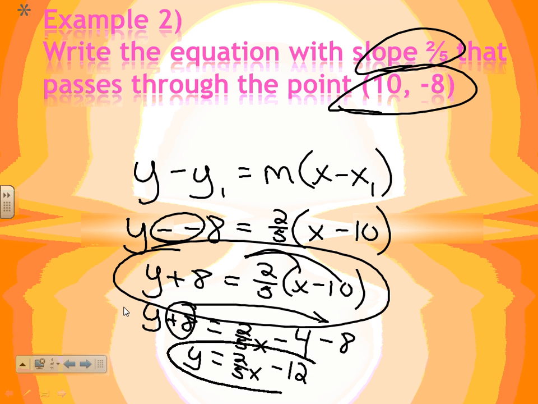Negative 12. And there you're done. Ba-boom. Okay? Any questions on that? And again, you only do that if the directions say take it to slope intercept. Slope and y-intercept. That's mx plus b. Okay? Any questions on that? Okay?